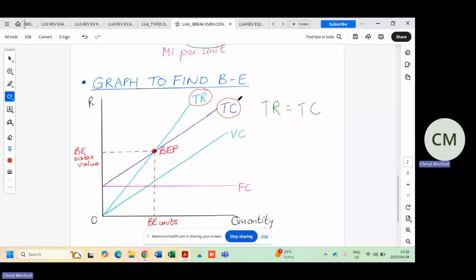So at the point at which those lines intersect, which you can very clearly see over there, that is your break-even point. Then when you've got your break-even point, you can come down to a neatly labeled quantity axis, and you can read off the number of break-even units. Similarly, we can go across horizontally to the other axis where we've got monetary amounts. We would be able to read off our break-even sales value.